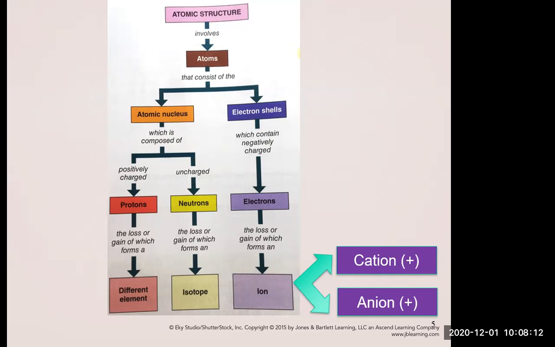So we have 1 oxygen atom and 2 hydrogen atoms. But something like O2, that is molecular oxygen. It's 2 oxygen atoms bound together. And that's a gas. So they can be the same or different atoms to form molecules. But the definition of a molecule is 2 or more atoms attached to one another.